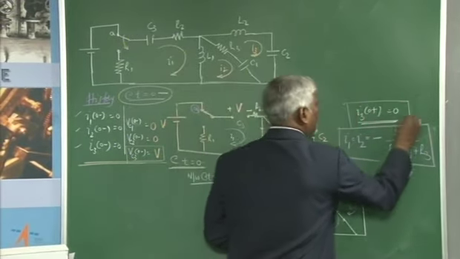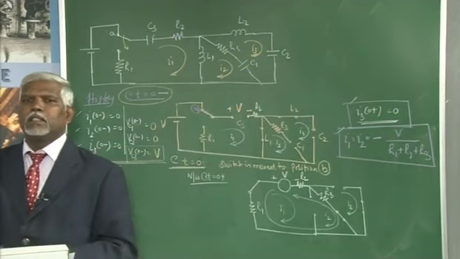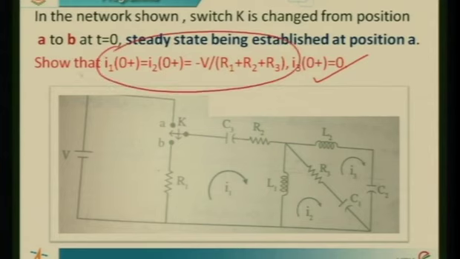The question was: just show that I3 is 0, and I1 and I2 are minus V by R1 plus R2 plus R3. They have asked you to show that I3 at 0 plus is 0 and I1, I2 is minus V divided by R1 plus R2 plus R3, which is what we obtained.